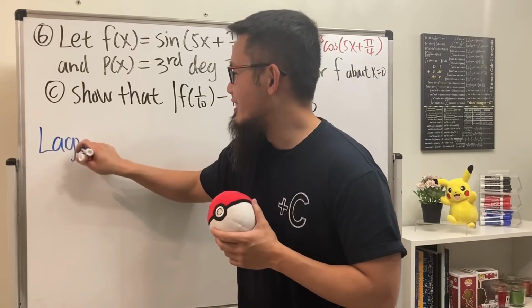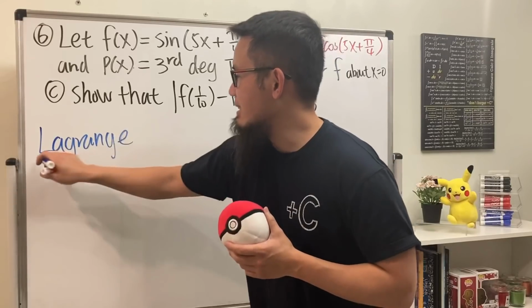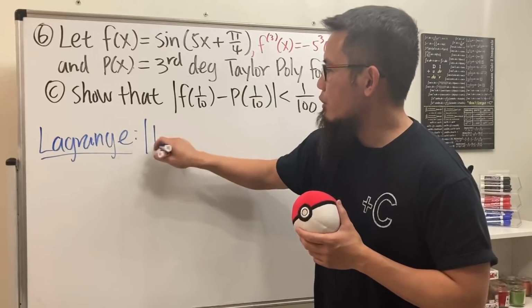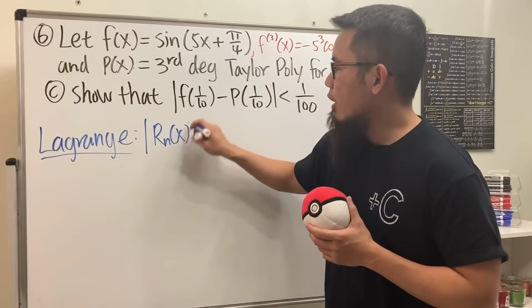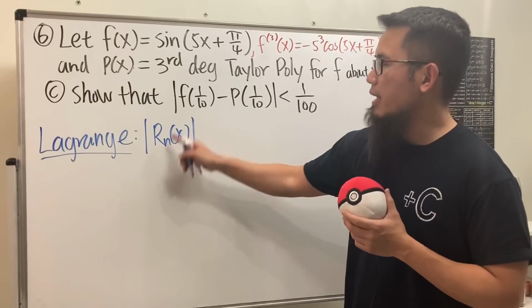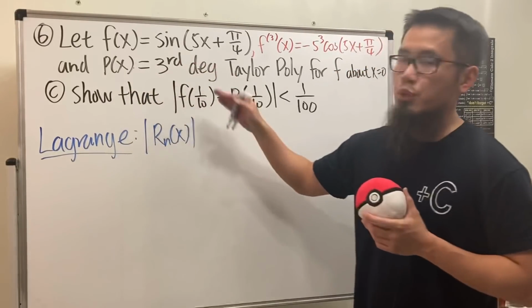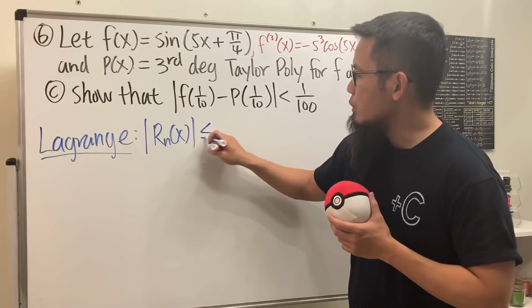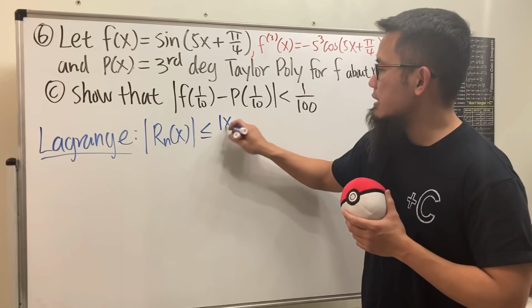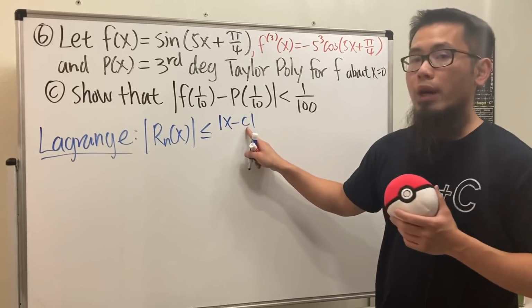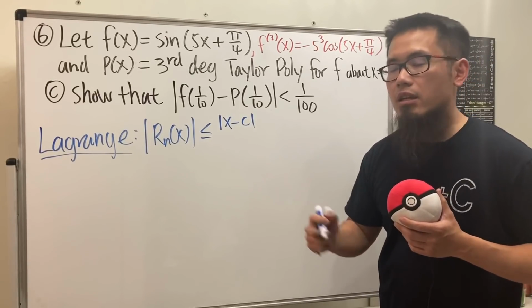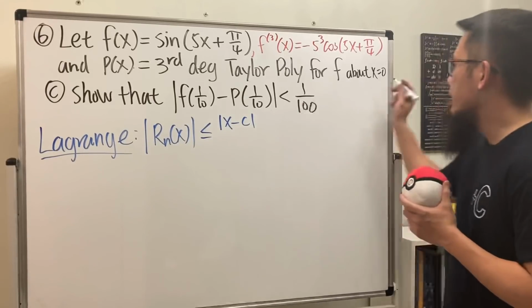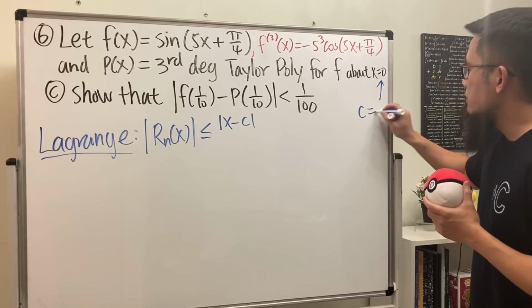Anyway, Lagrange error bound. That's the key, which says the absolute value of Rn, and the R is the remainder, and the n in our case is 3 because p of x is the third degree Taylor polynomial. And this says it will be less than or equal to the absolute value of x minus c. What is c? C is the center of the Taylor polynomial, and in our case right here is 0.